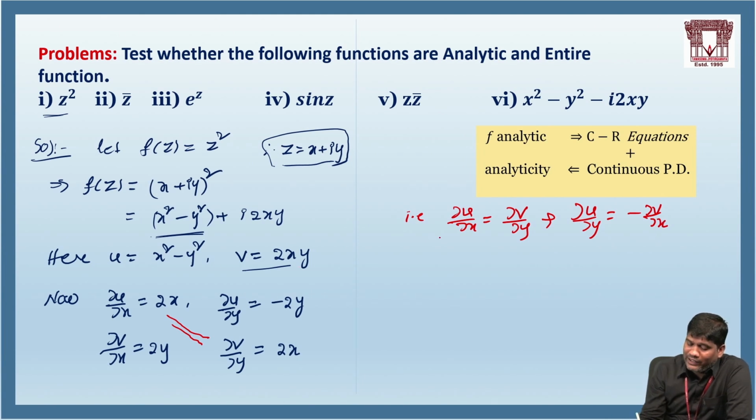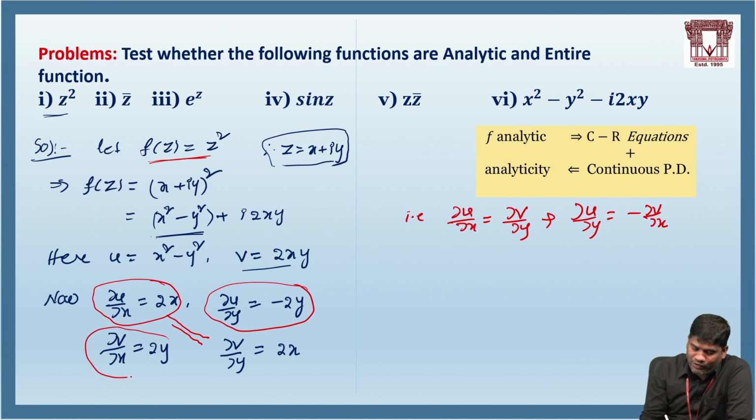So here we can say the real and imaginary parts of the function satisfy the Cauchy-Riemann equations. As well, the first order partial derivatives, dou u by dou x is 2x, dou u by dou y is minus 2y, dou v by dou x is 2y, dou v by dou y is 2x.